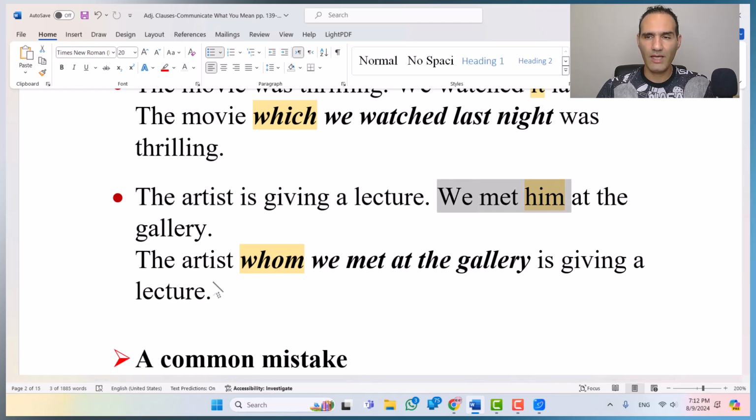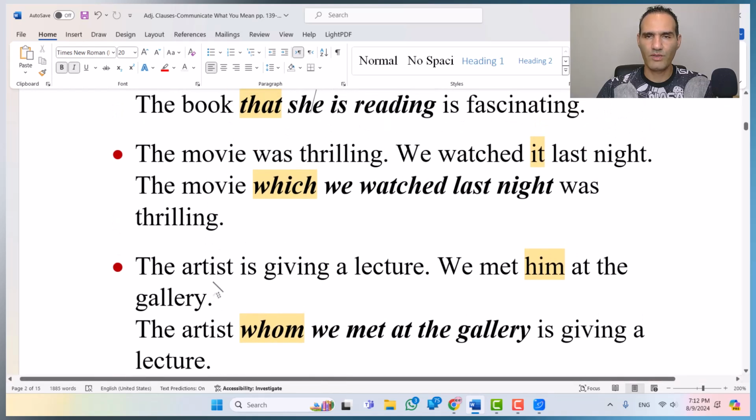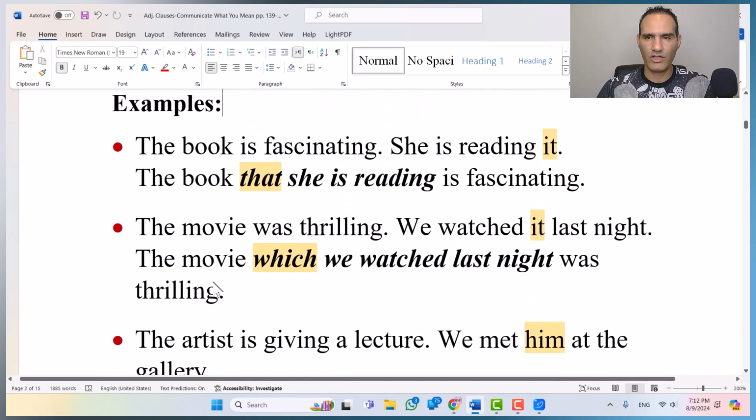We met him at the gallery. The artist whom we met, whom, relative pronoun instead of him, which is an object, relative pronoun as object. And you just know where the adjective clause falls. In the previous video we talked about it. The adjective clause falls right after the word it is modifying. Okay.